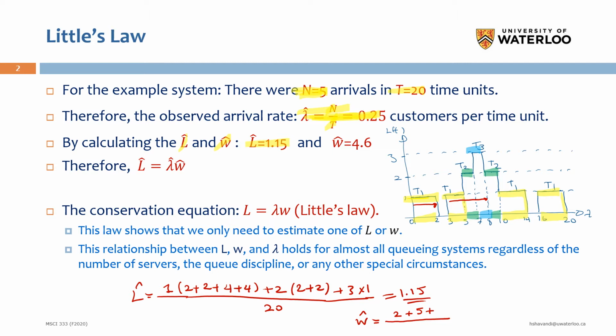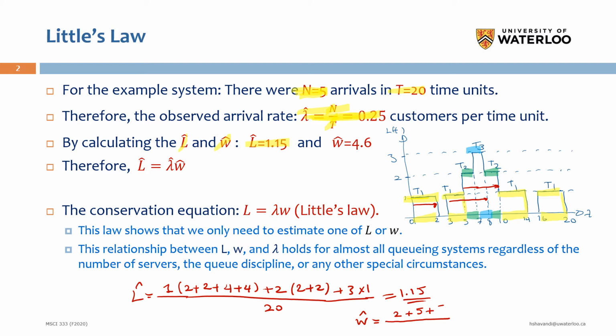Customer number 3 arrives at time 7, and then departs at time 10. Oh, sorry, I made a mistake. Customer number 3 arrives at time 5 and departs at time 10.